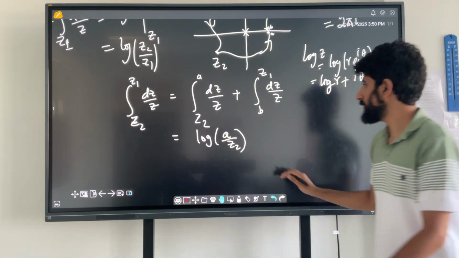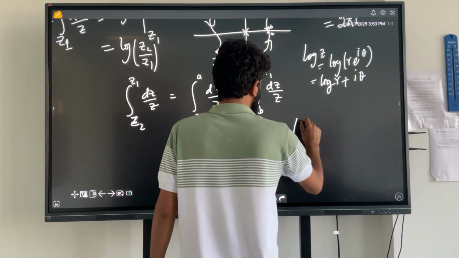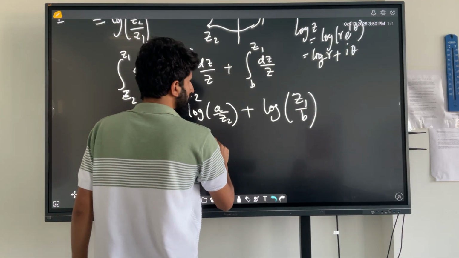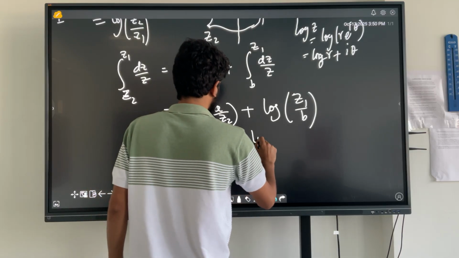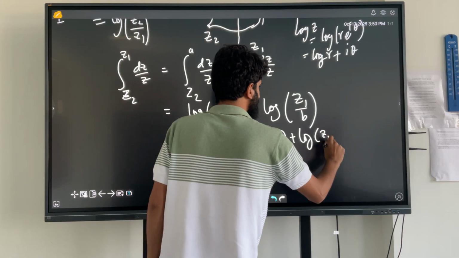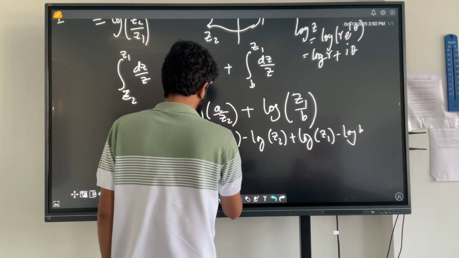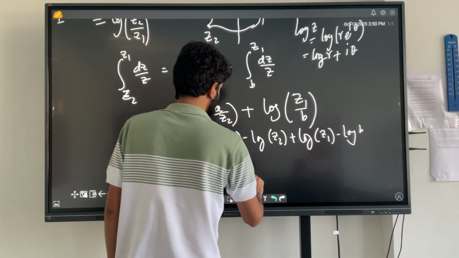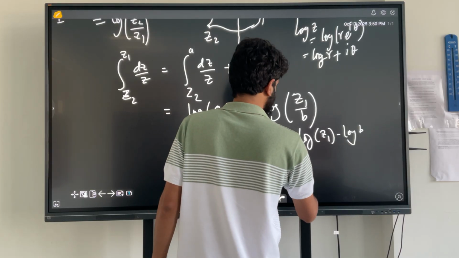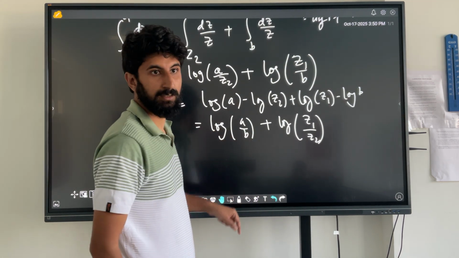So what should I write here? Log z1 by B. But I can write it as log A minus log z2 plus log z1 minus log B. This can be log A by B plus log z1 by z2.